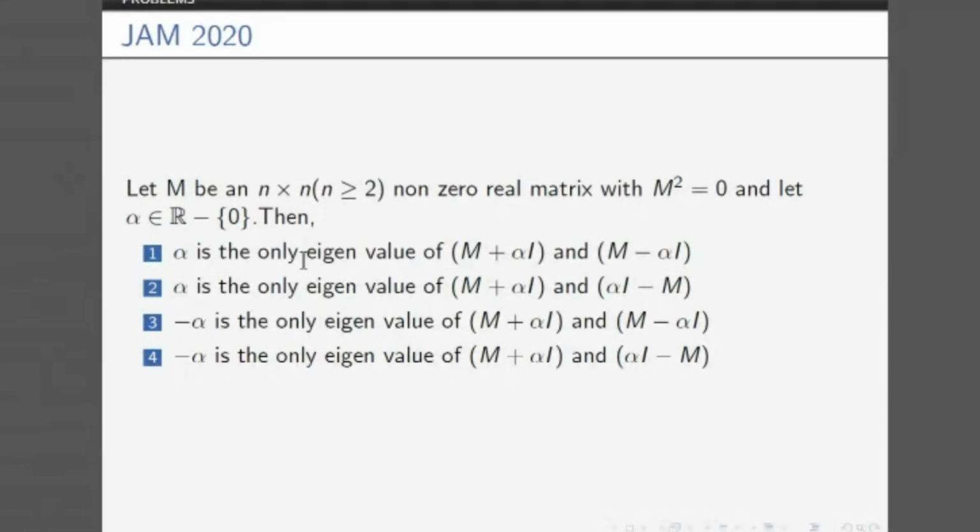We are given that M is a matrix of order n with M square equals 0. Then what can we say about the eigenvalues of M plus alpha I, M minus alpha I, and alpha I minus M? That is the question. Any suggestions or ideas to be shared?